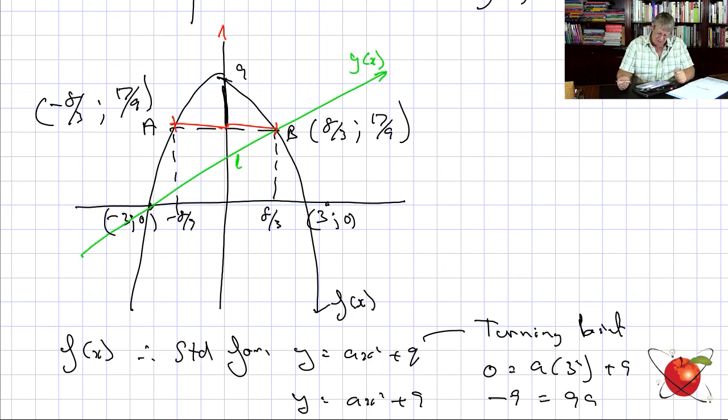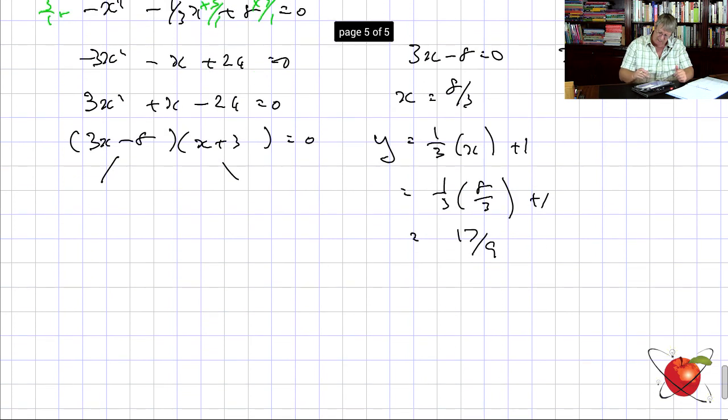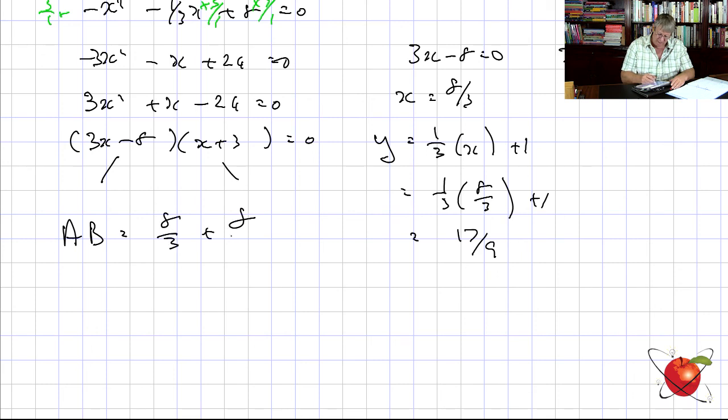So how far is this? This is 8 over 3 and 8 over 3. So therefore, how long is line AB? Line AB is equal to 8 over 3 plus 8 over 3, which is going to be equal to 16 over 3.